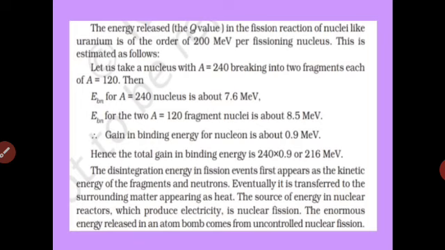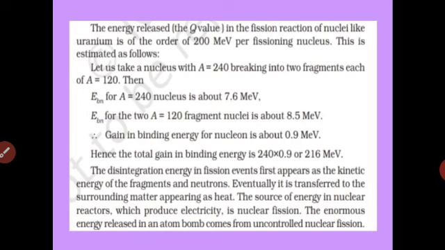So you see the disintegration of a uranium nuclei with A value 240 gives us about 200 MeV of energy per fission. This is actually a very high value.